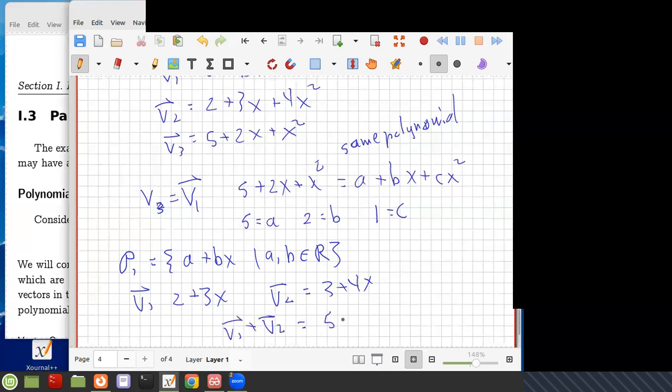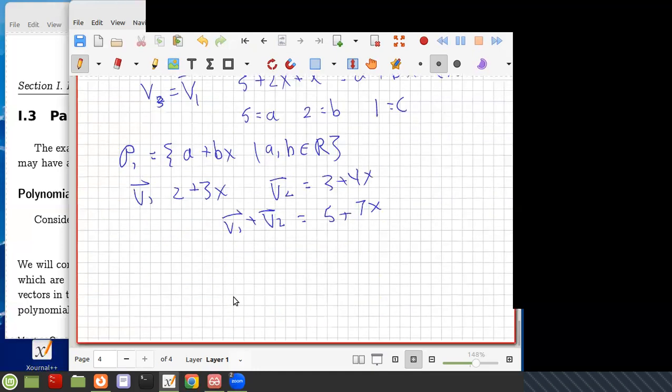2 plus 3 is 5, 3 plus 4 is 7x. So you just add corresponding components. The constant term gets added, the linear term gets added, the quadratic term will get added. So there's nothing mysterious going on, right? And then 3v1 would equal 3 times 2 plus 3x, which equals 6 plus 9x.